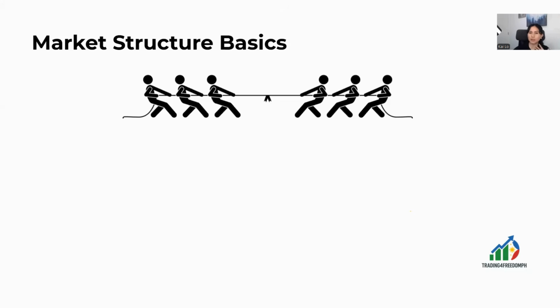So, may dalawang teams yan. Okay? The teams are the bulls or the buyers, and the other opposing team are the bears or the sellers. So if ikaw ang buyer or if you are part of the bulls team, you will do all your might, all your strength to really pull hard so that your team will win. On the other hand, yung mga bears naman, hindi naman sila papayag na matatalo sila.